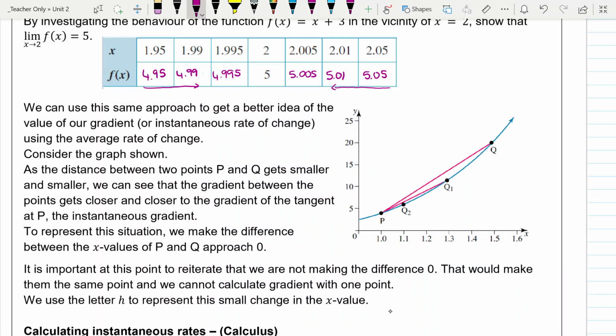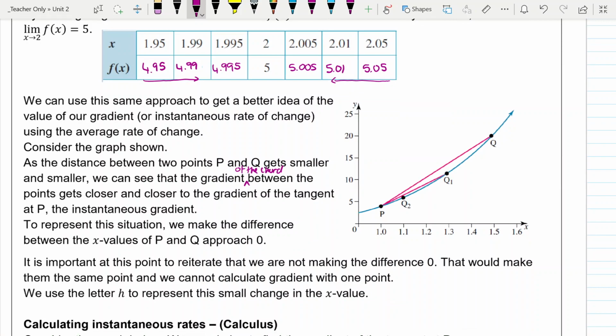You can see that the gradient of the chord gets closer and closer to the gradient of my tangent at point P if I make those chords shorter and shorter.